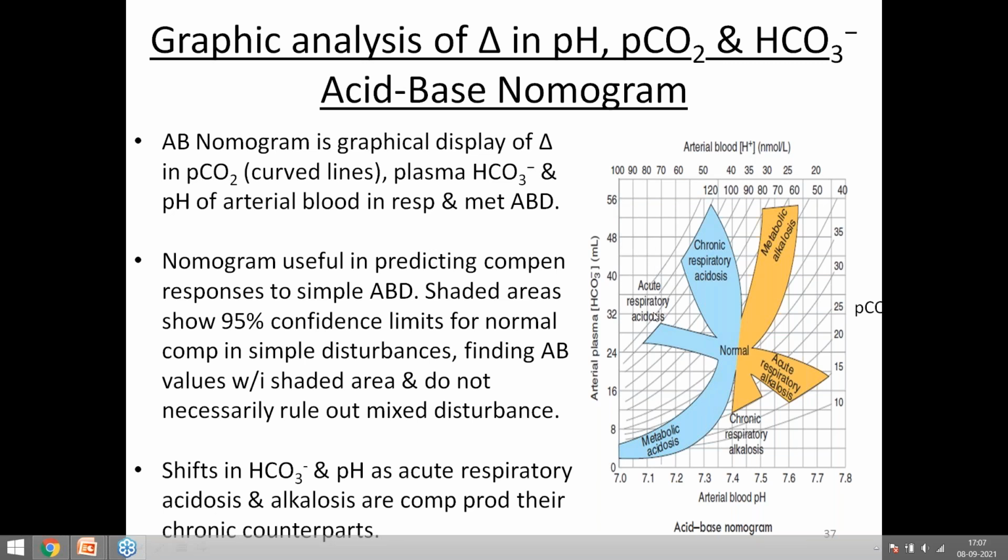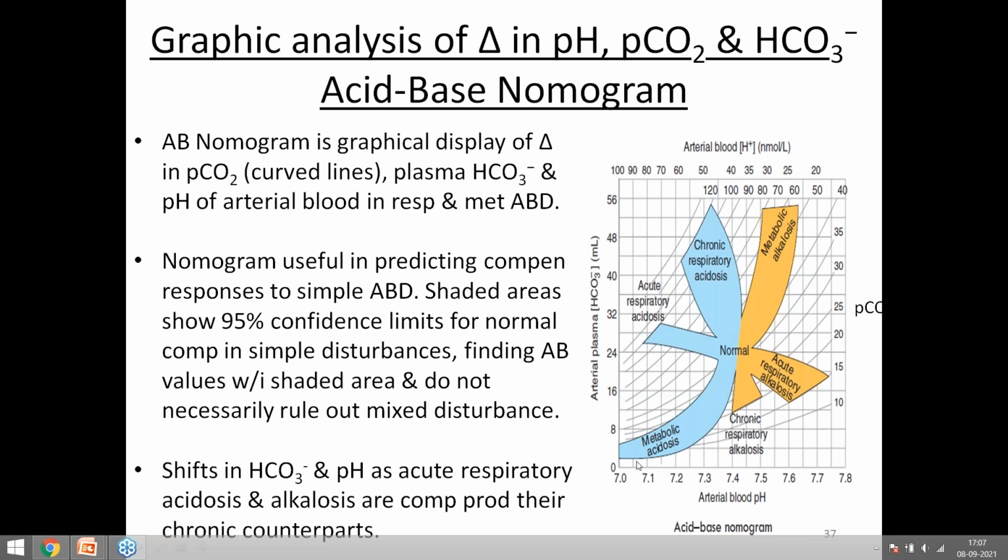So there is very minimal compensation in acute respiratory acidosis. That's why your values of bicarb are less, and here they have gone up in trying to compensate for chronic respiratory acidosis. A chronic condition has been there for many years, so the body has been able to operate compensatory measures to counter it, unlike an acute situation.